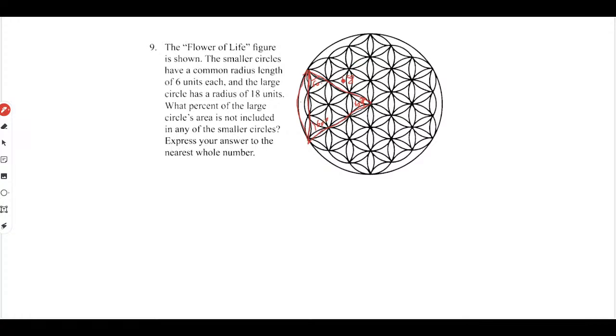You can also see that if you look at the sides, they're all equal length, so you can figure out that it's an equilateral triangle. So now we know that this area right here is the area that we can find.